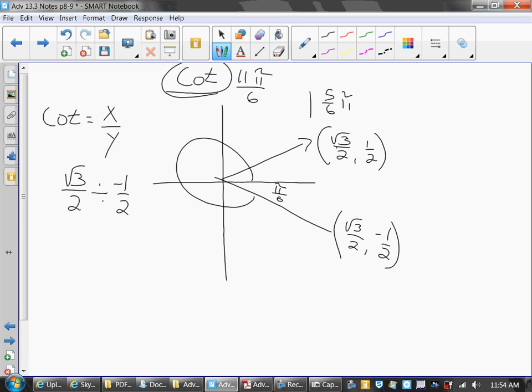Instead of writing it as a complex fraction, I'm writing it horizontally, because now I can multiply by the reciprocal. The 2's drop out, and I'm left with negative root 3. There's my cotangent. Tangent is y over x, cotangent is the inverse.